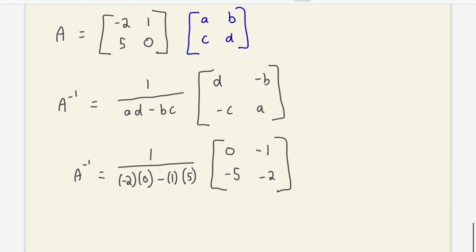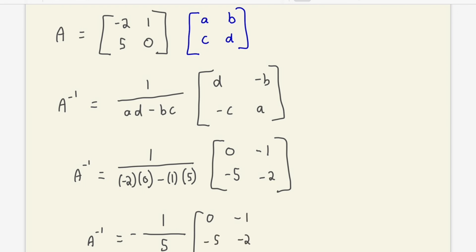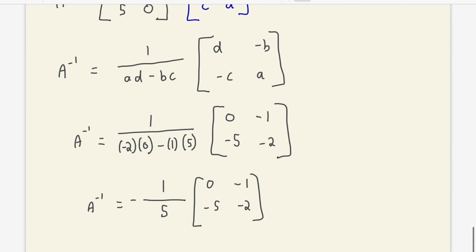So if we start to multiply that out, we will have A inverse is equal to 1 over -2 times 0 is just 0, and 1 times 5 is 5. So we can turn that into -1 over 5 multiplied by our matrix: 0, -1, -5, -2. And then we can multiply that out.